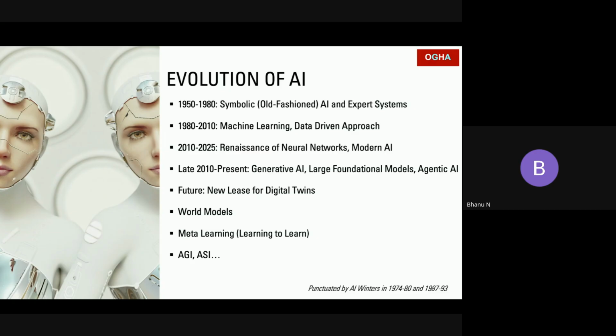Now, going forward in future, there is a new lease for digital twins. So what are these digital twins? They're not the picture on the left side, but a digital virtual representation of a real-world entity. It could be an oil rig, a refinery, a factory, or any system.